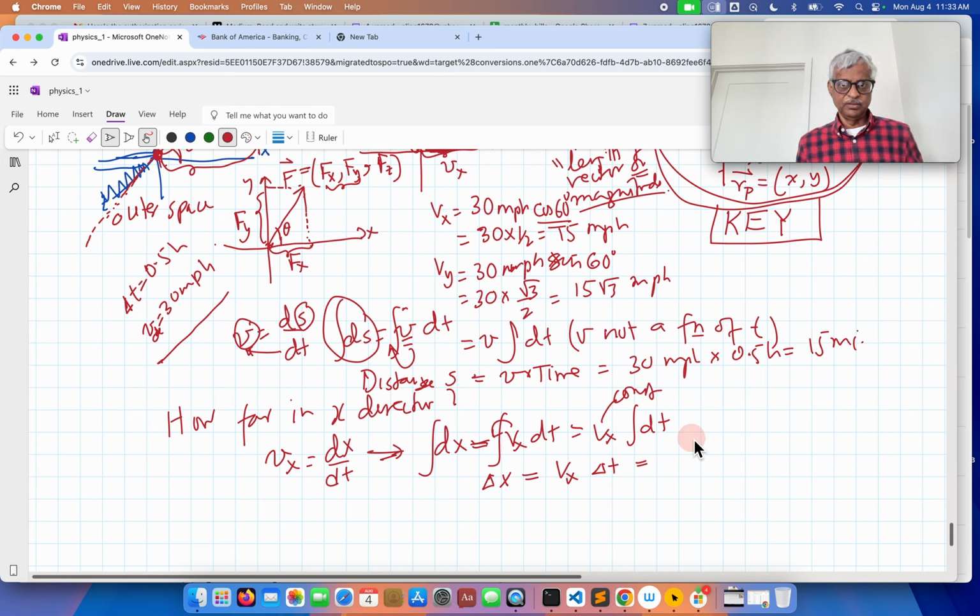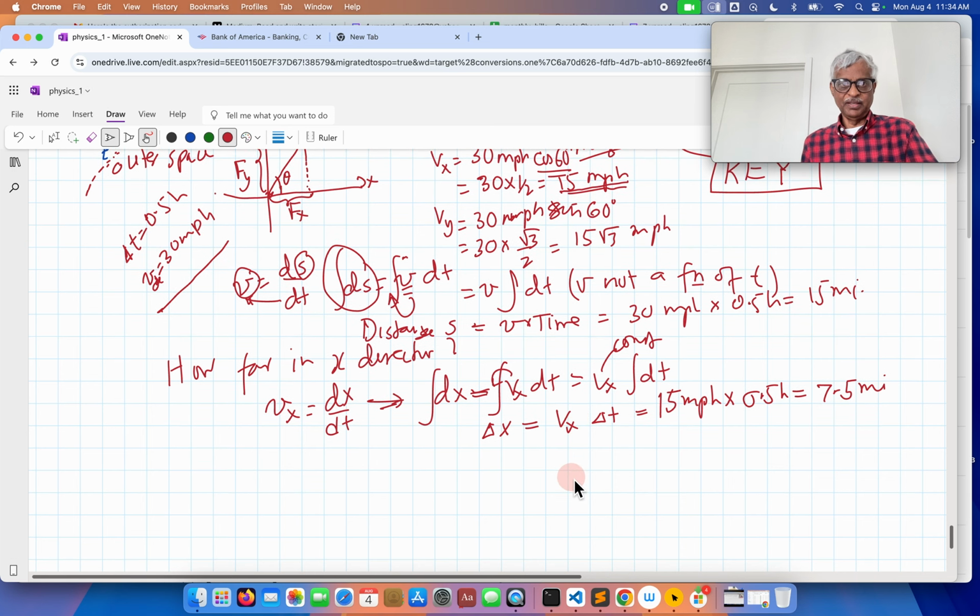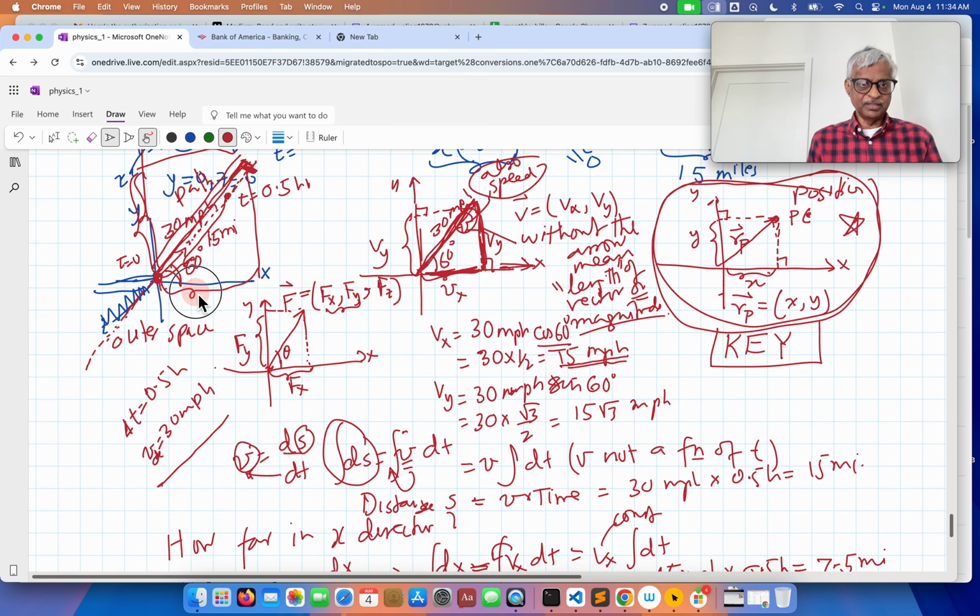Say 15 miles per hour times 0.5 hour, that's 7.5 miles. So it goes 7.5 miles this way, and how much there?